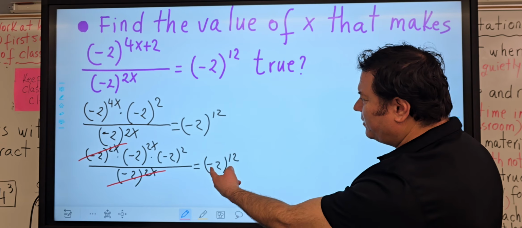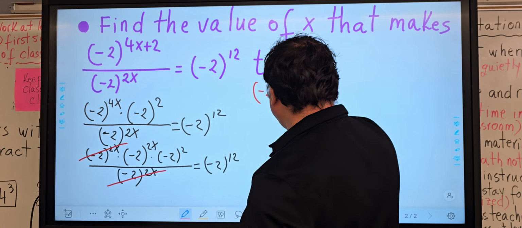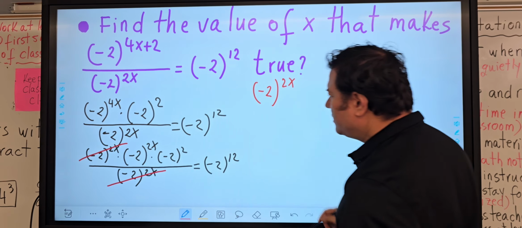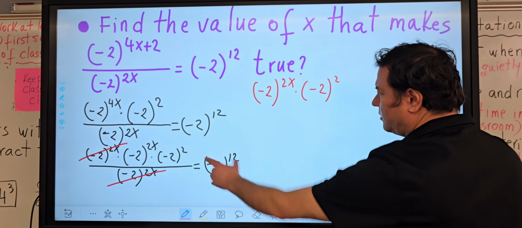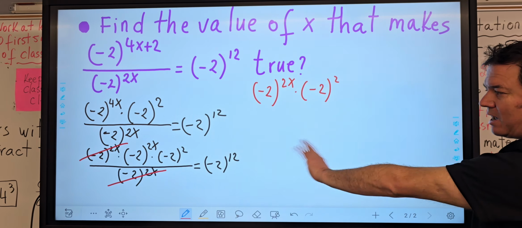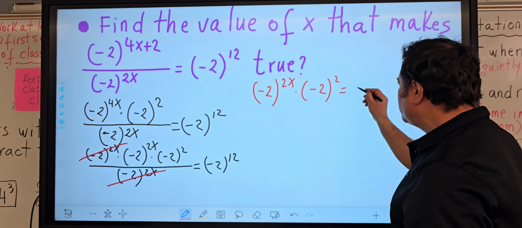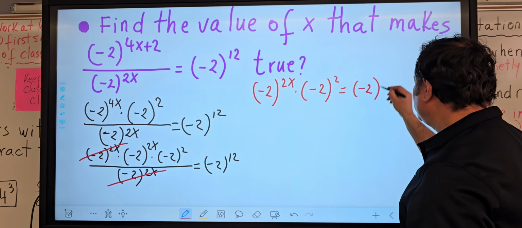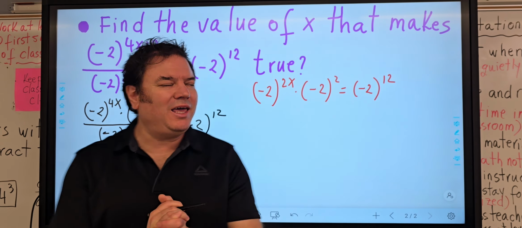So now we have negative 2 to the power of 2x times negative 2 to the power of 2. That's from the top. We don't have denominator anymore because it's simplified out. Equals negative 2 to the power of 12. Now, do you guys see something really interesting?